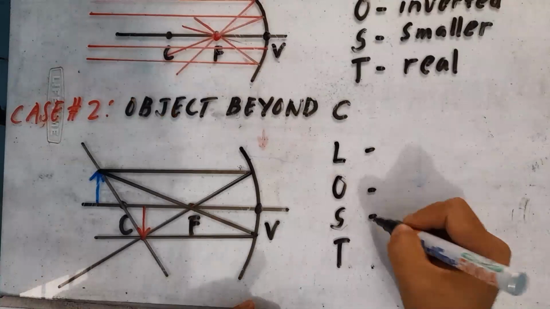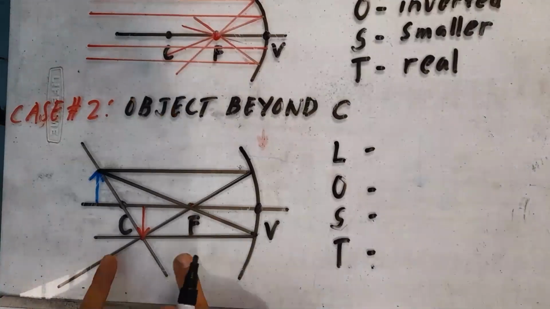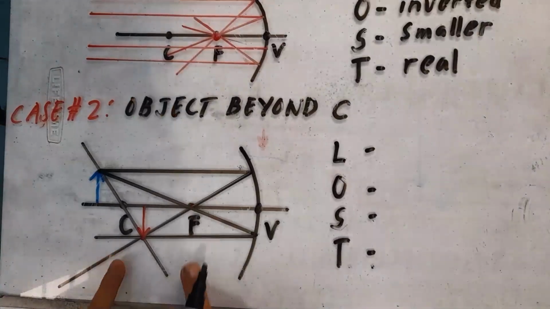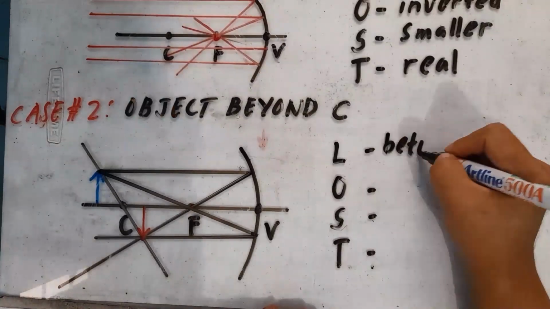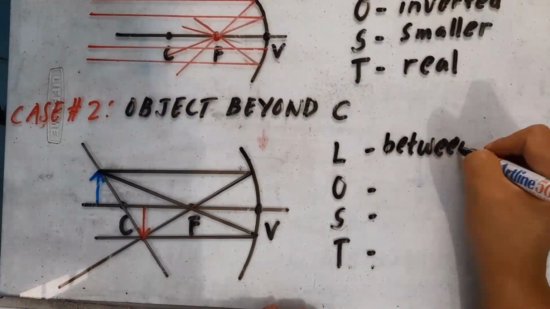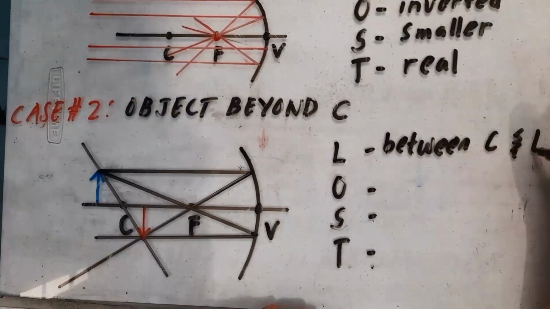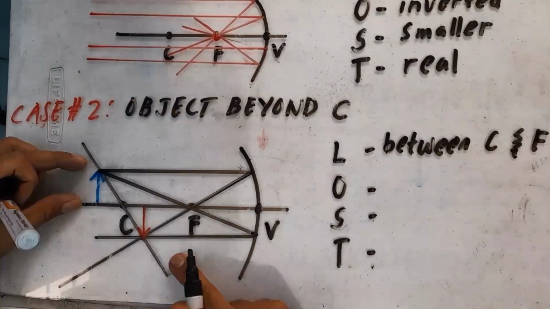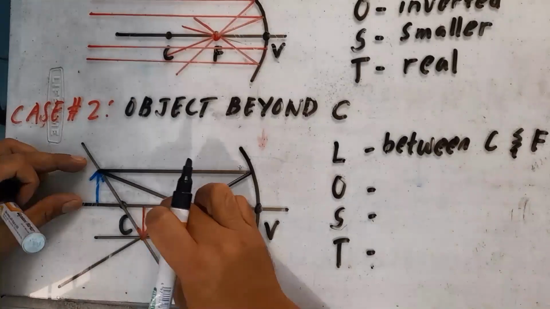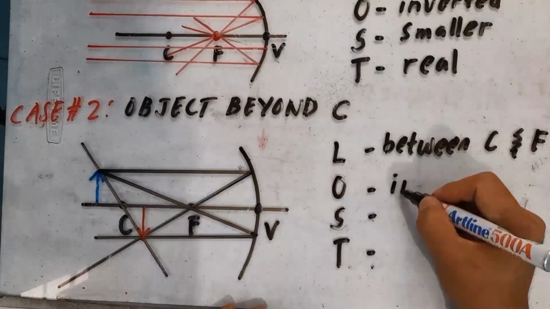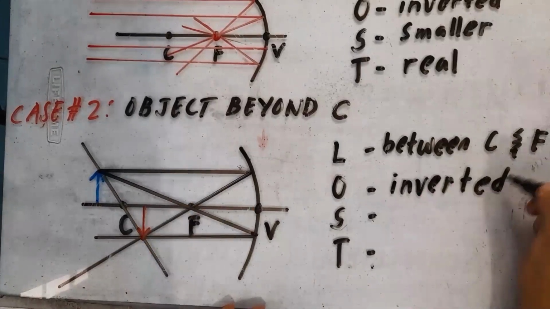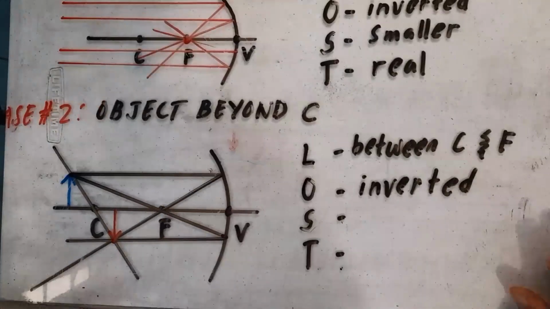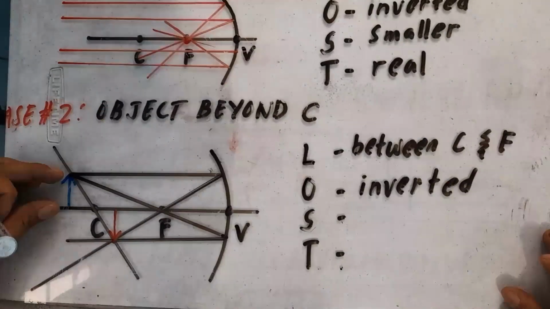Location: as you can see, the image is formed between the center and the focus, so it is between C and F. Orientation: this one is upright, this one is inverted, so definitely the image becomes inverted. And then the size: look at the size.